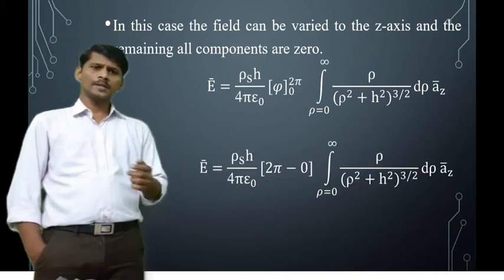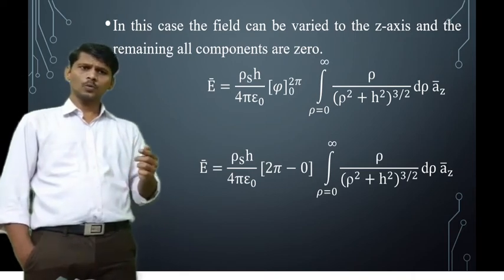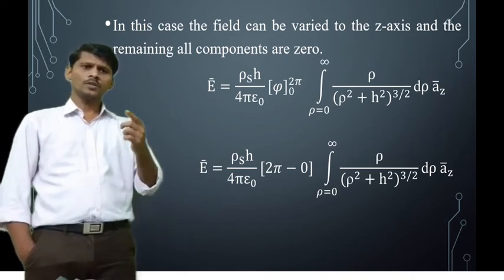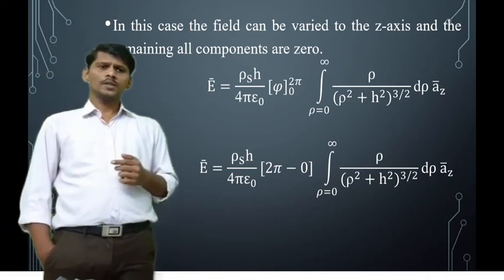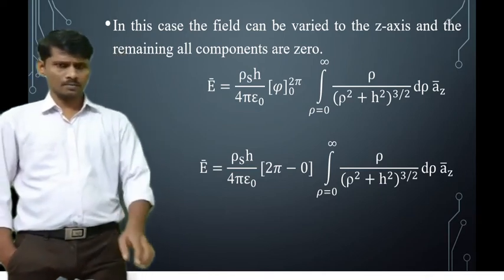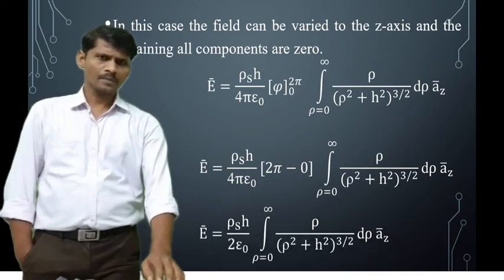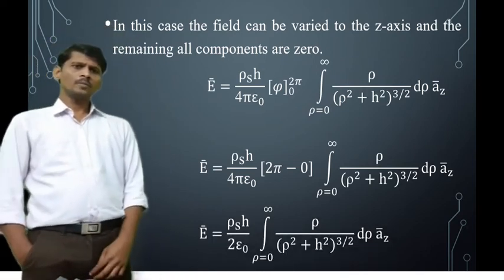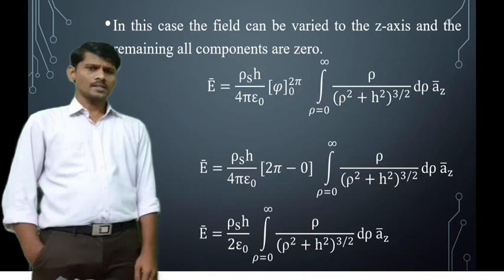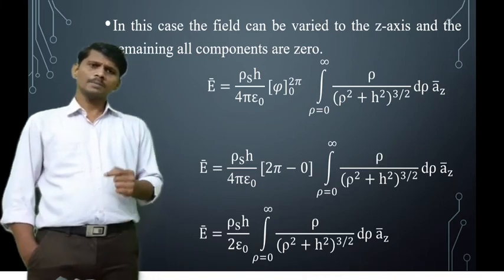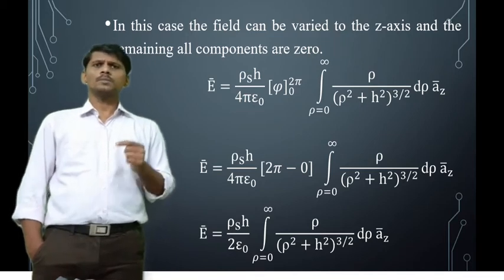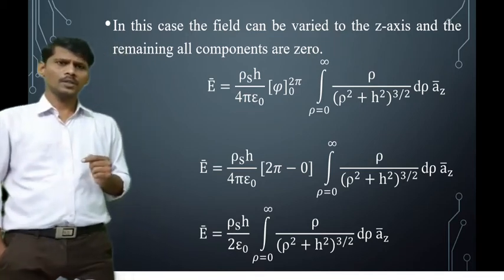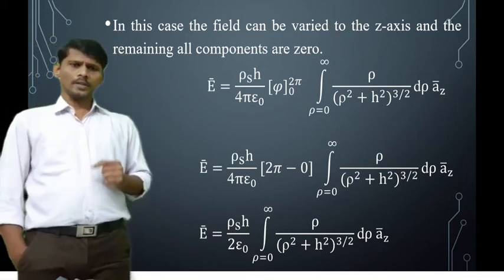So rho_s h by 4 pi epsilon naught into 2 pi integral 0 to infinity rho by (rho square plus h square) to the power of 3 by 2 d rho into a_z bar. Numerator and denominator 2 pi cancel, so that is equal to rho_s h by 2 epsilon naught integral 0 to infinity rho by (rho square plus h square) to the power of 3 by 2 d rho into a_z bar.